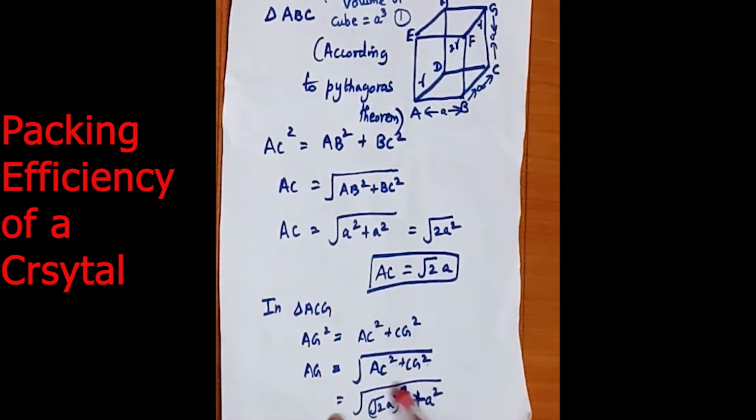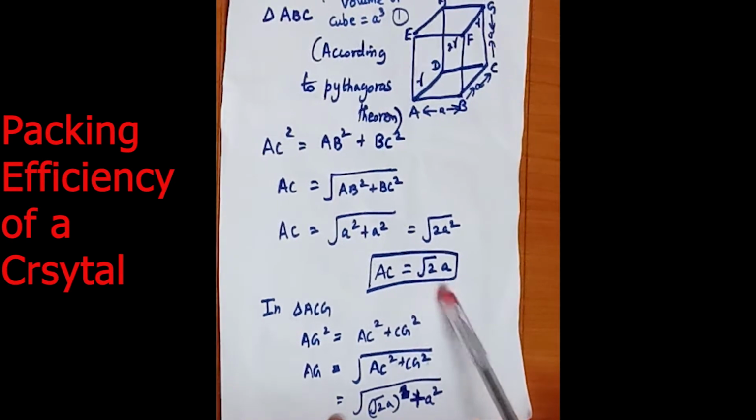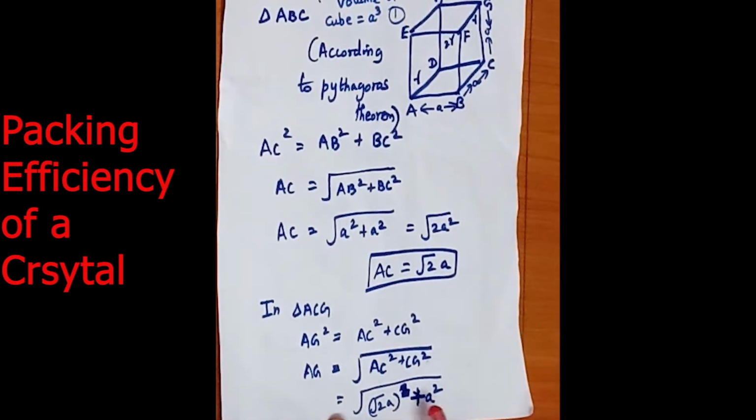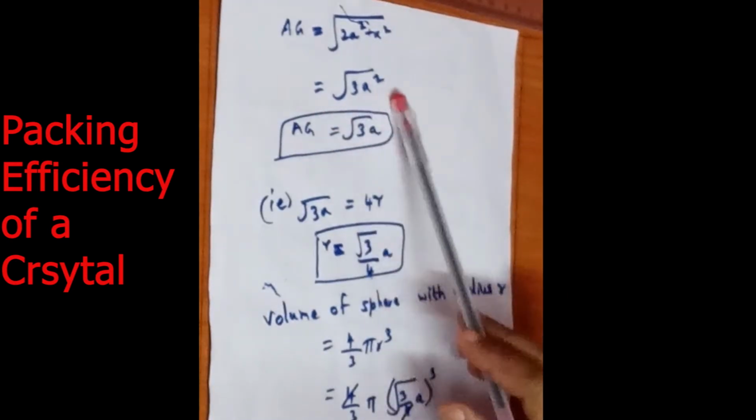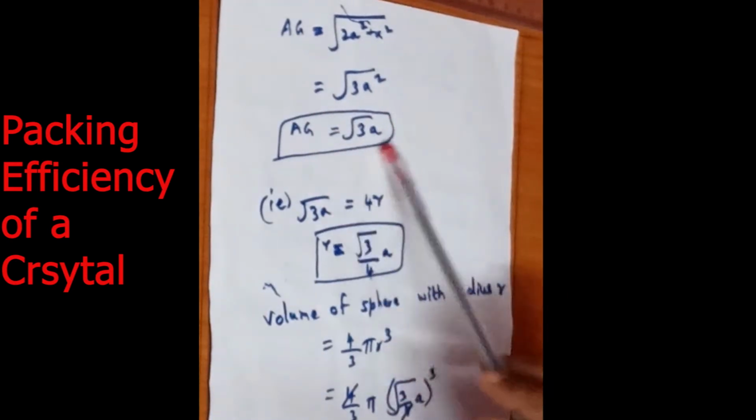So AG value is equal to root of AC squared plus CG squared. AC value is root of 2A, that you are substituting there. So root of 2A squared, and CG squared is A squared. So you will be getting root of 3A squared. So the value of AG equal to root of 3A.